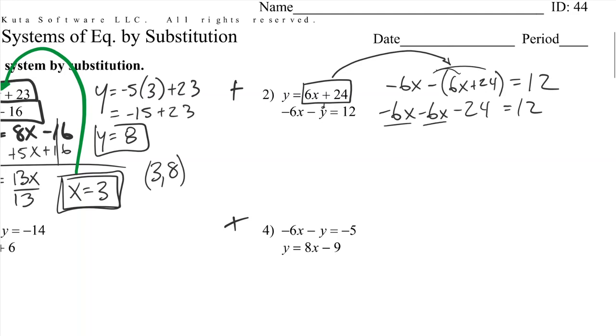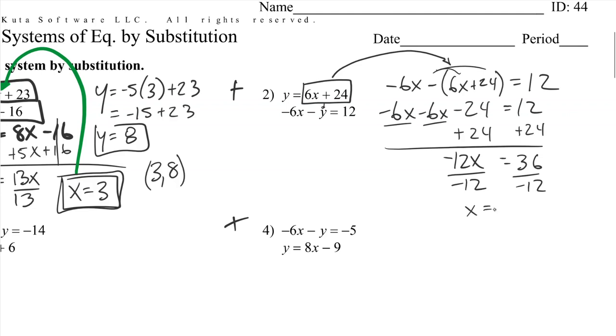Negative 6x minus 6x makes negative 12x. And so let's add 24 to both sides. So we have our negative 12x on one side and 36 on the other side. Divide by negative 12. And we get x equals negative, what is that, negative 3.